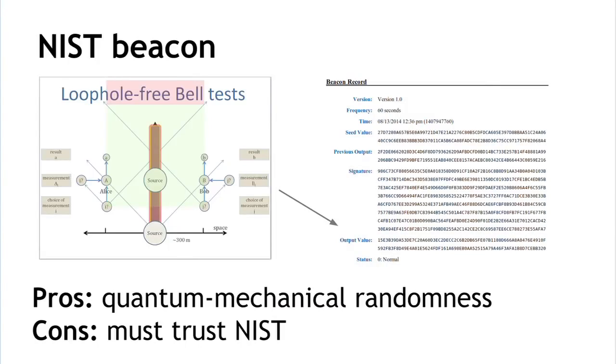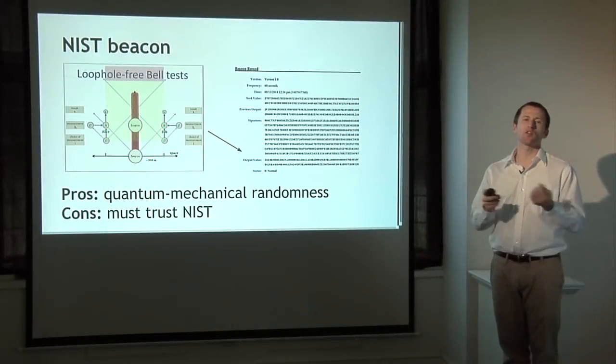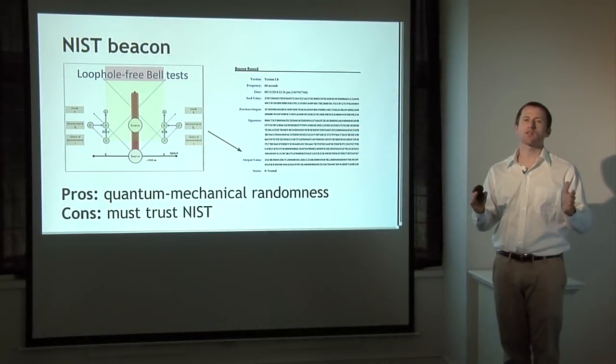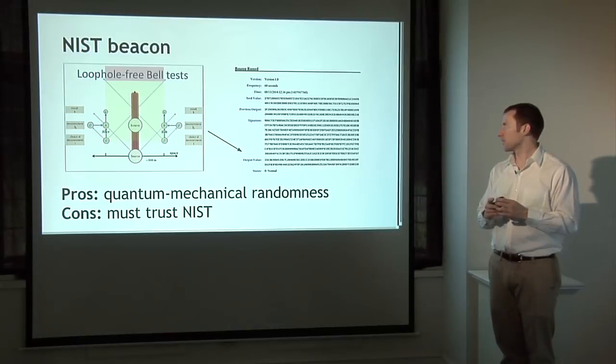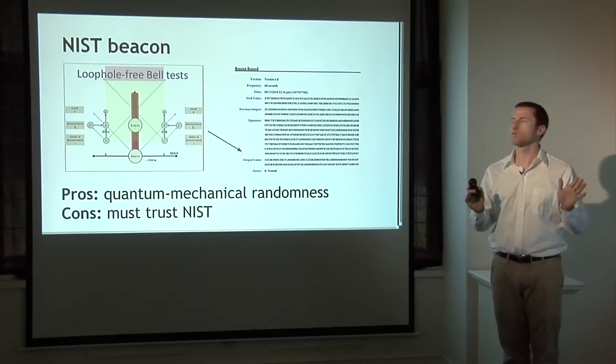The National Institute of Standards and Technology, NIST, has started in the last few years to run their own beacon. And the way they generate the random numbers is through a very complicated setup involving two entangled photons that gives you very strong guarantees that you have randomness generated from a quantum mechanical phenomenon. And if you believe the Heisenberg uncertainty principle and other basic core tenets of physics, then this should be random and nobody can predict it.